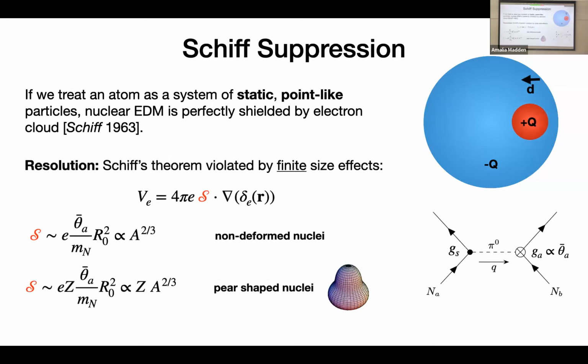So the way people understand this is they look at chiral perturbation theory, and they see that the axion can induce a vertex between pions and nucleons that's parity and time violating. An important point here is that there are two different vertices.